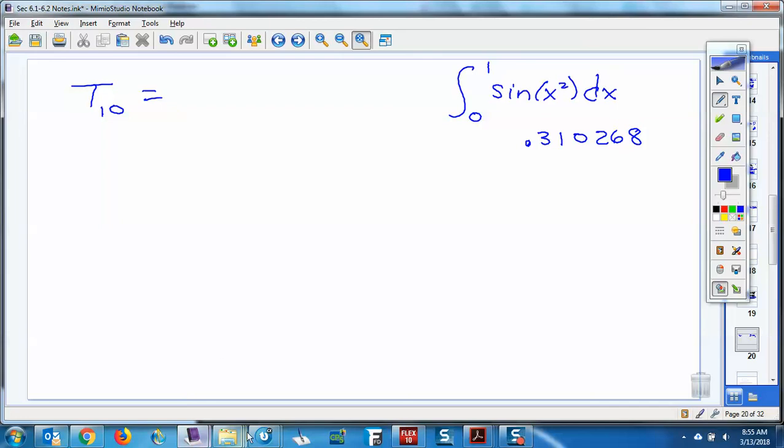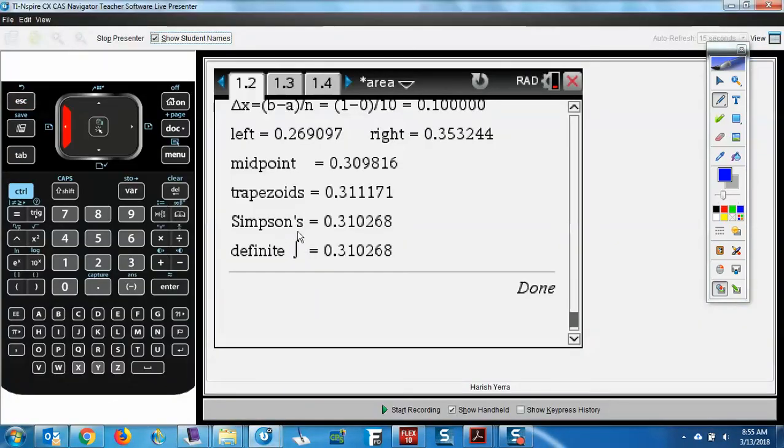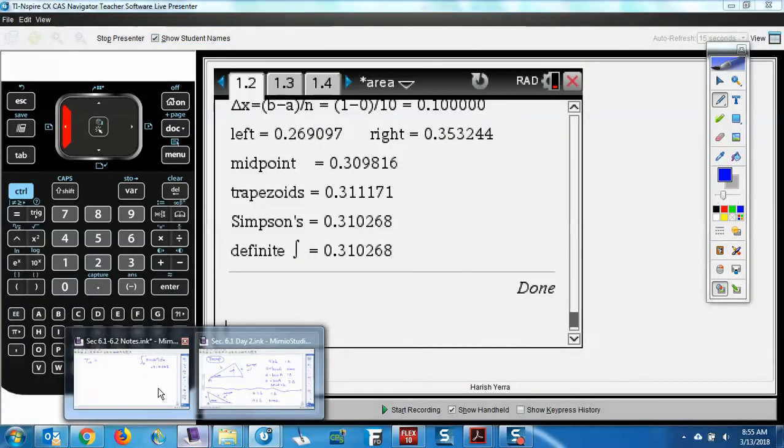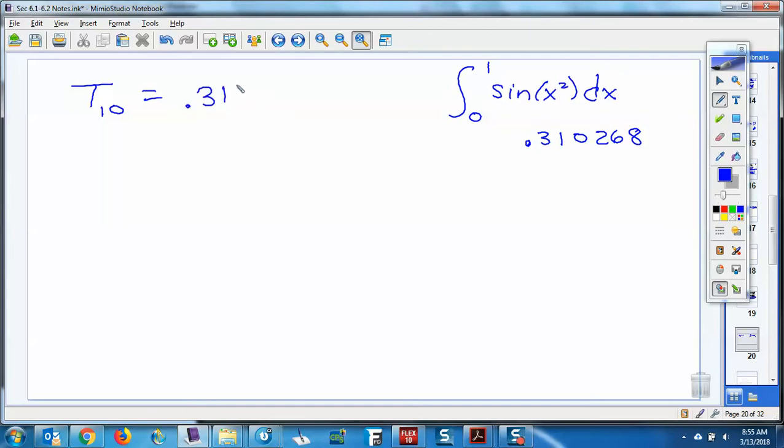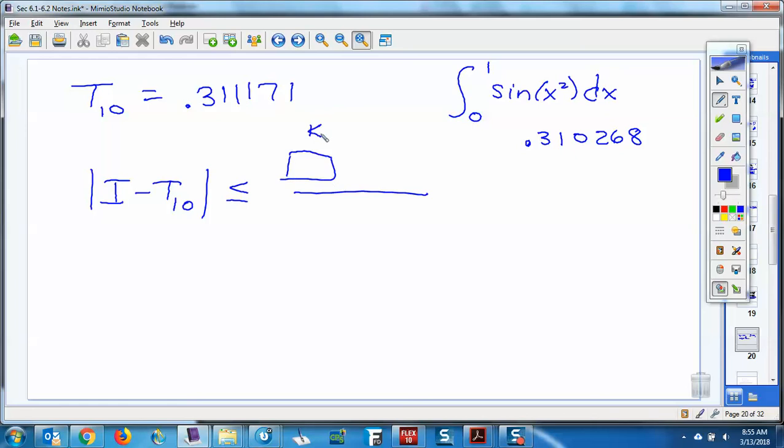What was our T10? You still have that up on your calculator? So T10 is 0.311171. Okay, so we're not off too far. Let's see what the formula tells us we're off. So I minus T10 would be less than or equal to K2 times (B minus A) cubed over 12 times 10 squared.